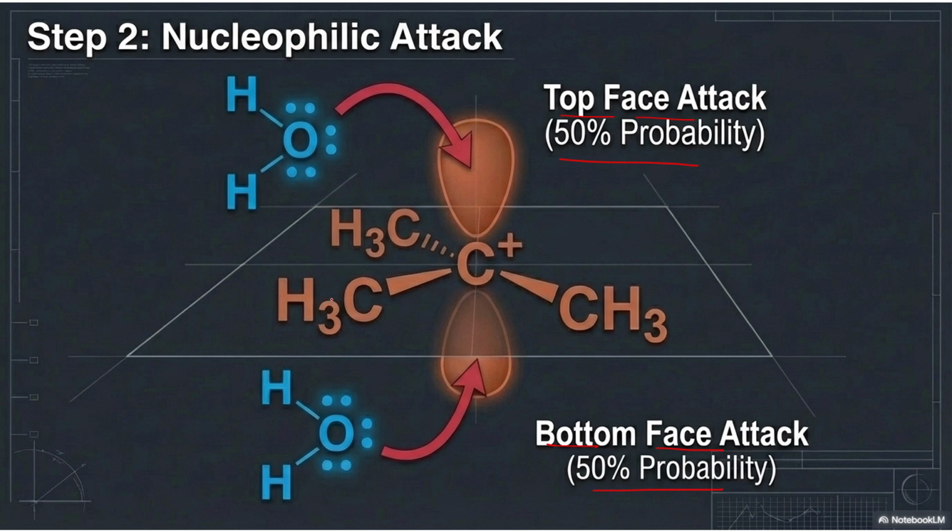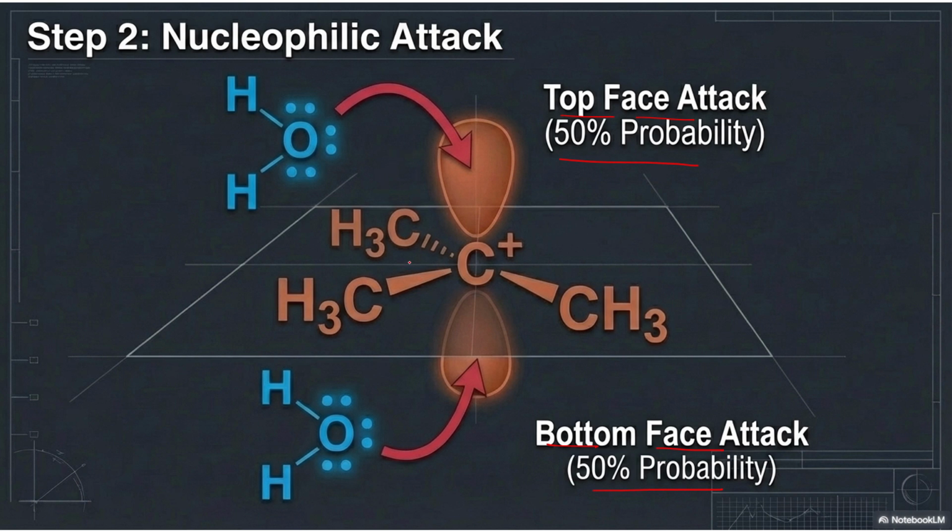But if you take a chiral center, then this dual-sided attack will lead to racemization. It means you can get a racemic mixture of the two enantiomers. However, and this is a crucial high-level point for competitive exams, in most cases the leaving group is present on the top side, so there is a little probability that the backside attack is more.